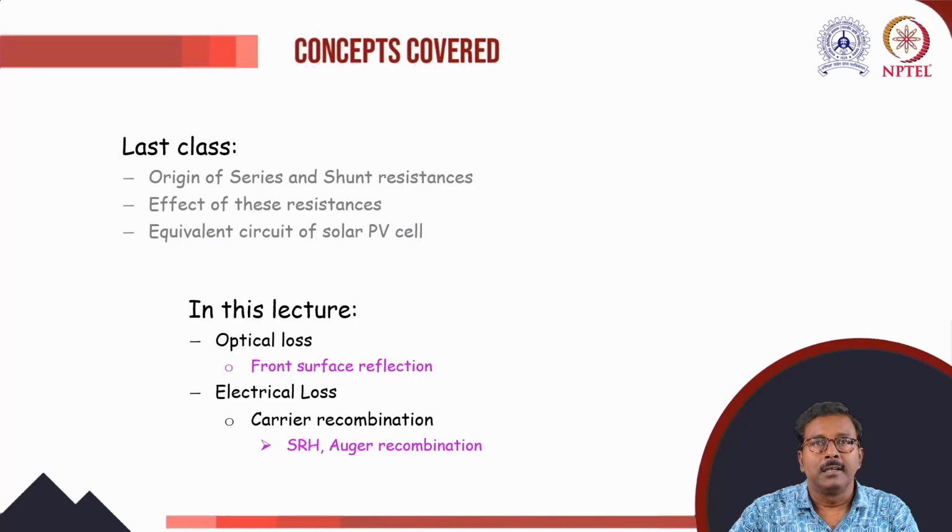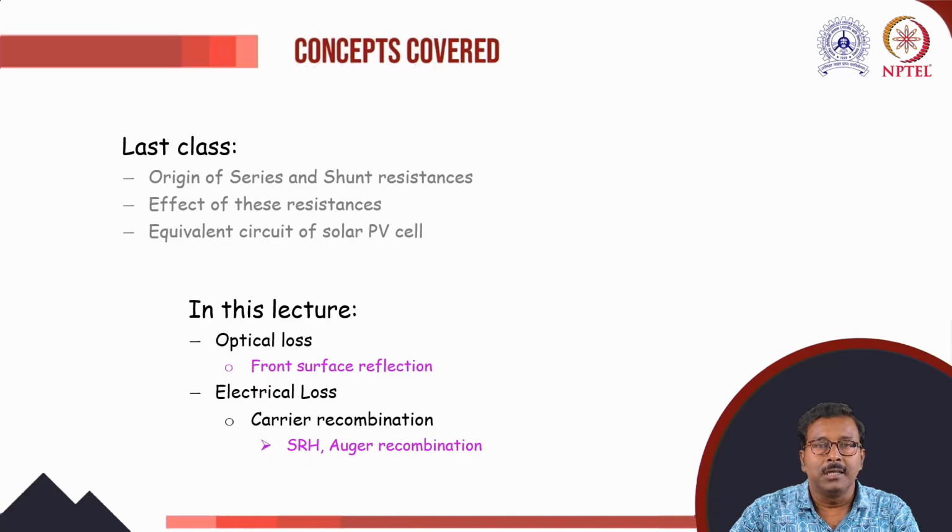In this lecture, we will describe several losses in solar cell. They are mainly categorized in two categories, that is optical loss and electrical loss. In optical loss, we will mainly focus on front and back surface reflection, and electrical loss consists of Shockley-Read-Hall, or in short SRH, and Auger recombination.